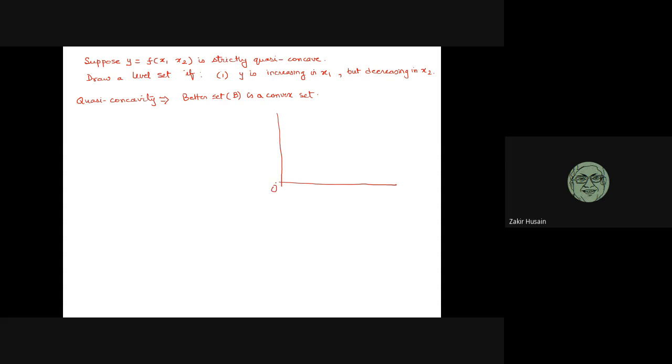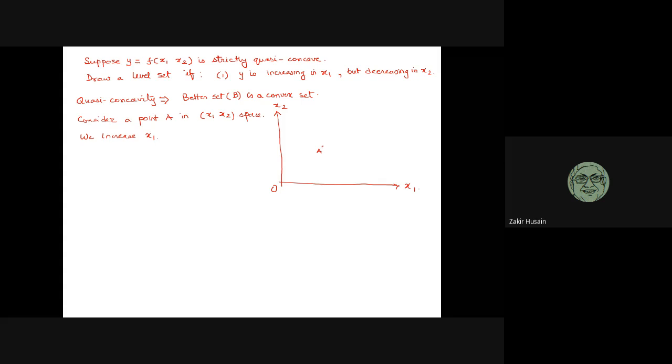Now I'm going to discuss the first case, then I'm going to ask one of you to discuss the second case. Okay, now let us take a point like A. So we increase x1.